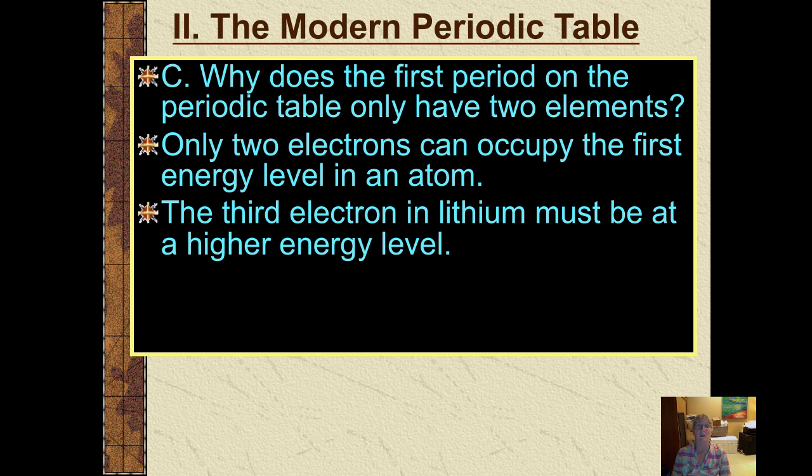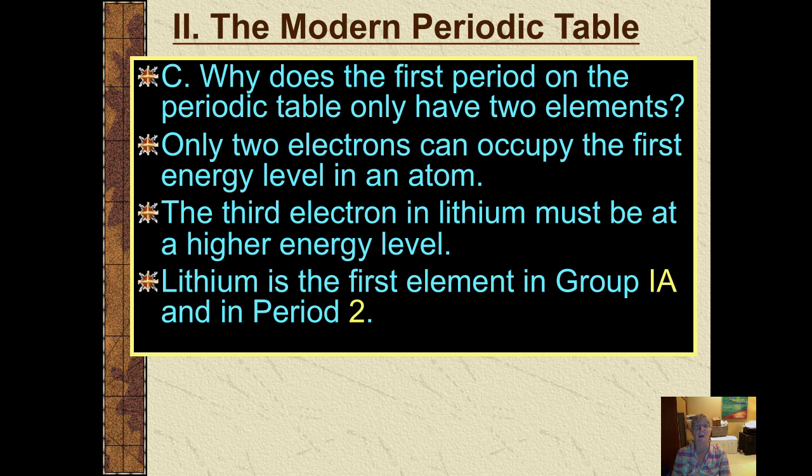When you get to the element lithium, which is in the second energy level, it has 3 electrons, so it will put its third electron at the 2s1 sublevel. So lithium is the first element in Roman numeral group 1A, but it's also the first in its row, period 2.